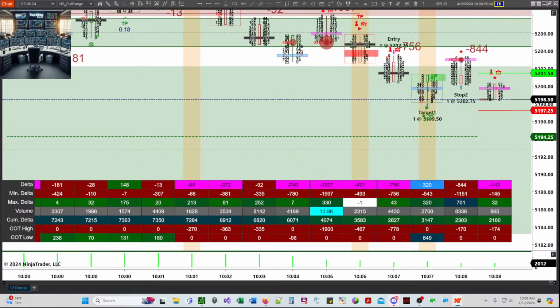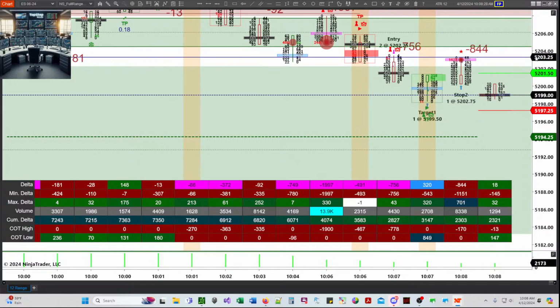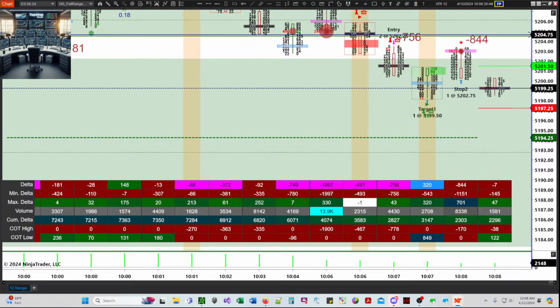Got a potential POC wave coming up if this POC closes a little bit lower.